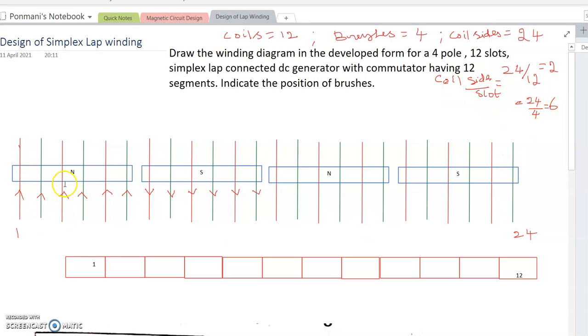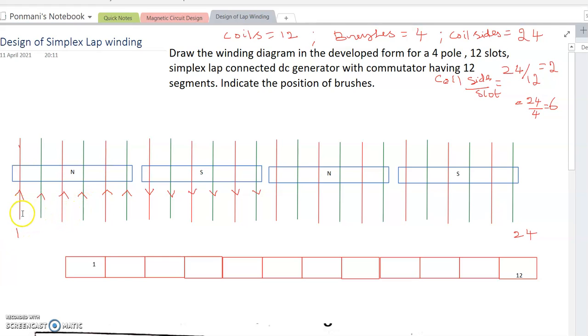And then you have to draw the coil sides, and for each slot, one top coil side and one bottom coil side. So this red represents the top coil side and green represents the bottom coil side. Like that we are completing 12 slots, 24 coil sides with 2 coil sides per slot and 6 coil sides per pole, for a 4-pole machine. Like that we are numbering, and this is the commutator segment. The 12 commutator segments are numbered from 1 to 12.